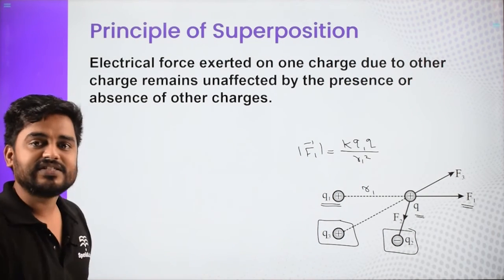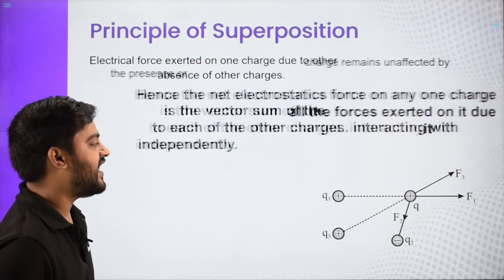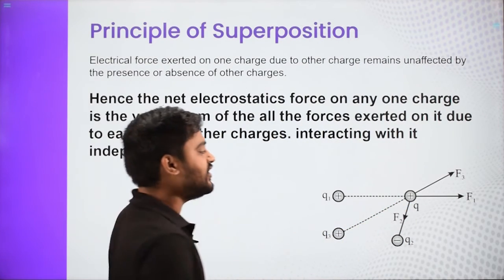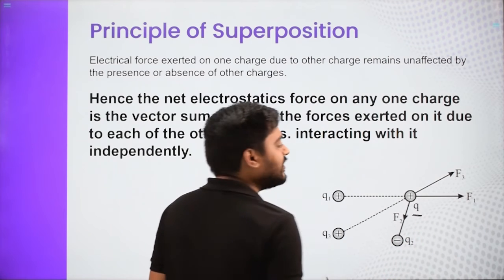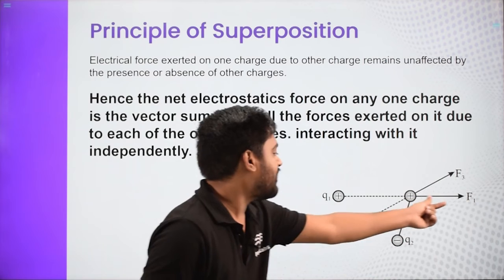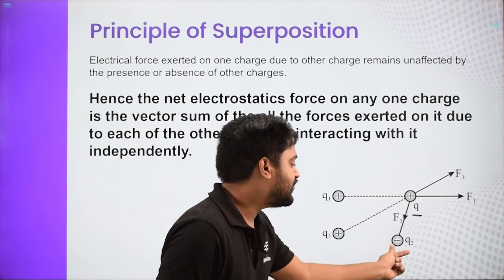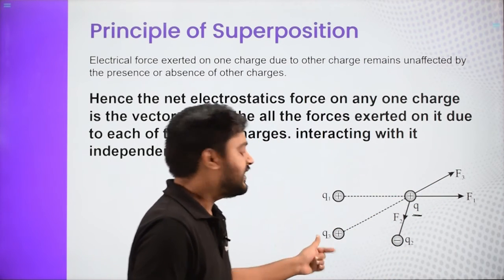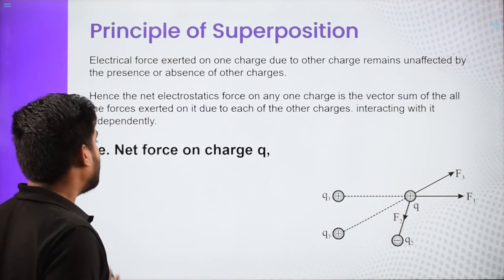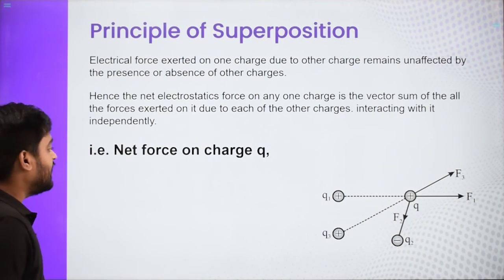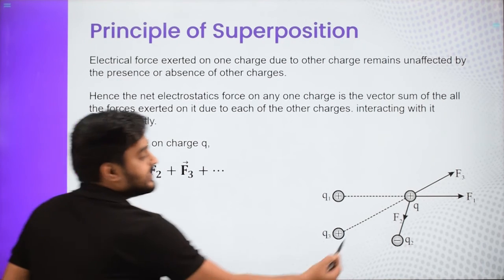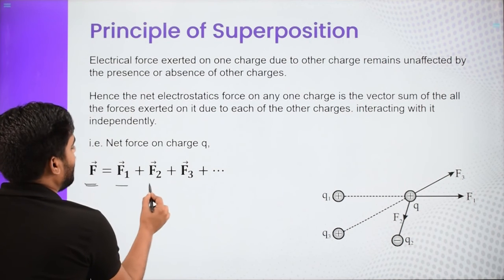How can we utilize this fact? If I want to get the net force on this small q, then I can find all the forces due to the other charges individually, which is F1 due to Q1, F2 due to Q2 and F3 due to Q3, and do the vector addition. So the net force on small q is the vector addition of 1, 2 and 3.